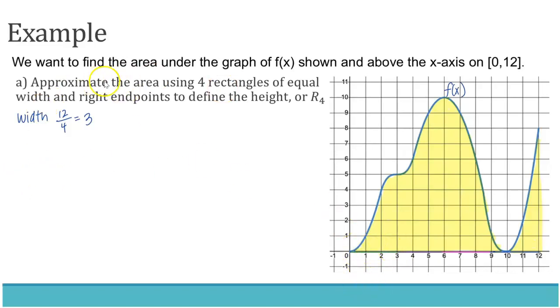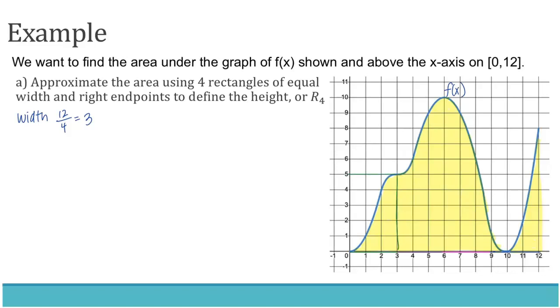And then I'm told to define the height using right endpoints. So over the first interval, the right-hand side corresponds to the x value 3. So to find the height of that first rectangle, I'm going to go to the right side, 3, and find the function. So the function is located at the x value 3 at the y value 5. So that's going to define the height of my first rectangle.